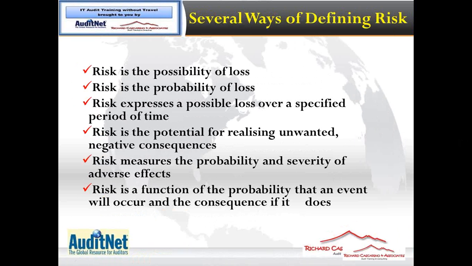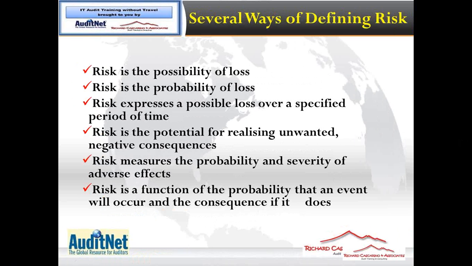And again, when we consider what those risks are, there are multiple ways of defining it. You'll see in different textbooks, risk is defined as the possibility of loss. Other ones will tell you risk is the probability of loss. Some of them will tell you that risk expresses a possible loss over a specified period of time. So how much is at risk per year?